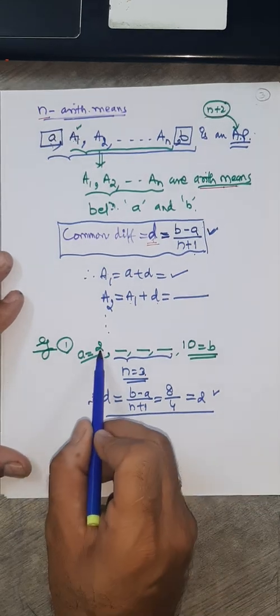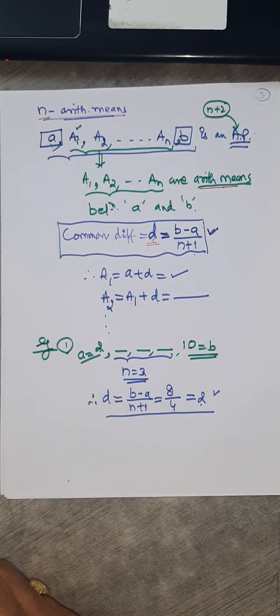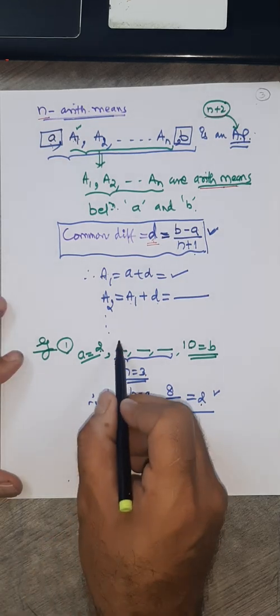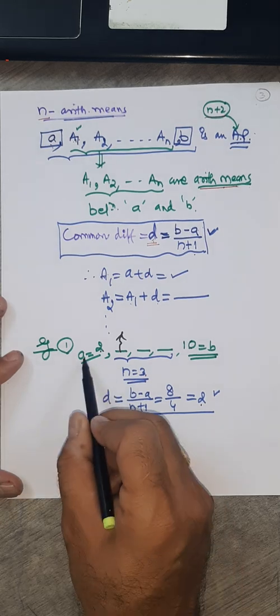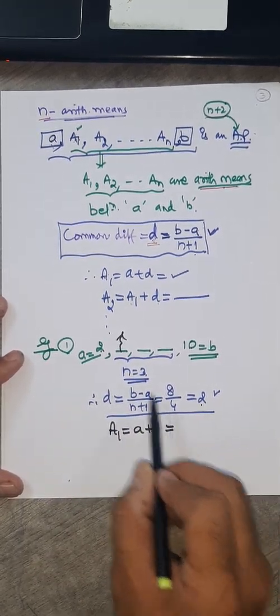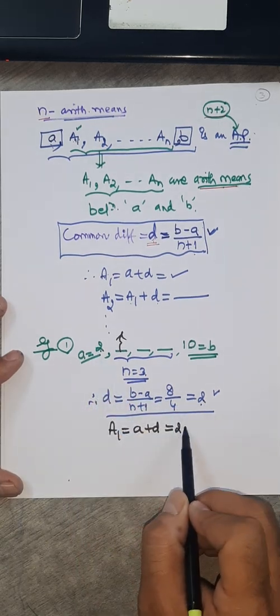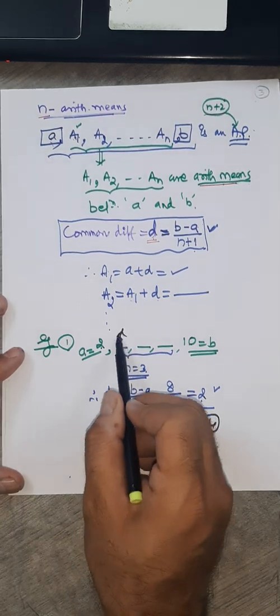Fine. I know the first term and I know the common difference. So what is my first arithmetic mean? A1 is nothing but A plus D. What is A? That is 2. What is D? Which is also 2. So the first arithmetic mean is 4, which is what you had expected.